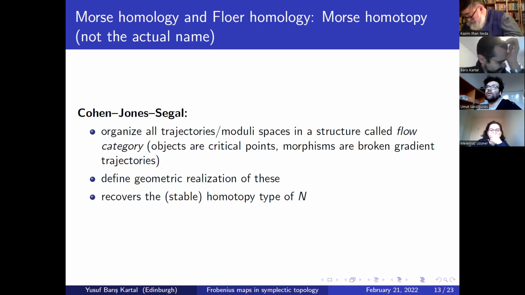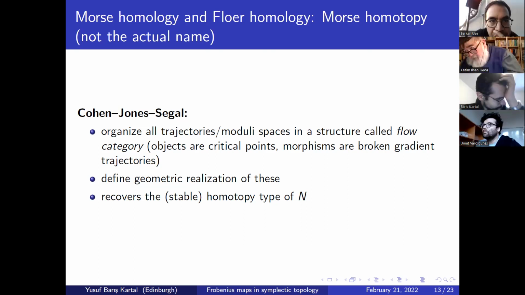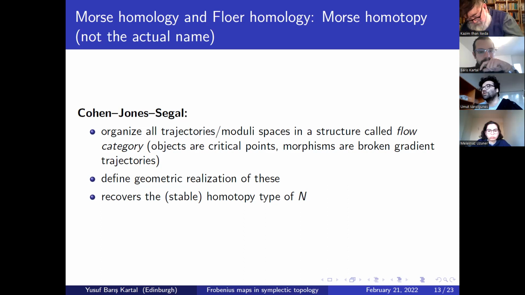Maybe in Floer homology, is it the same? Kind of, it's the same, right? Sure. I mean, you get other stuff, but instead of homology theories, you get cohomology theories, generalized homology.